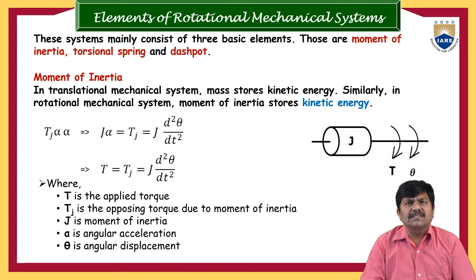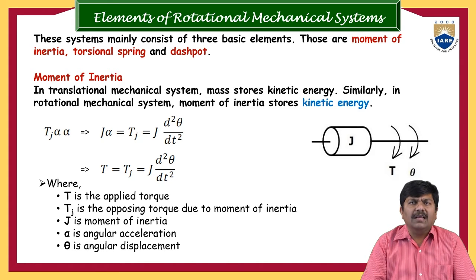In the translational system, force and displacement, F and X or Y, are the input and output parameters. In the rotational systems, torque and angular displacement are the input and output parameters. We have to clearly represent the twisting force, so the torque or angular displacements are represented with curved arrows.